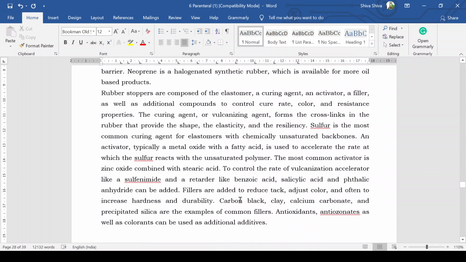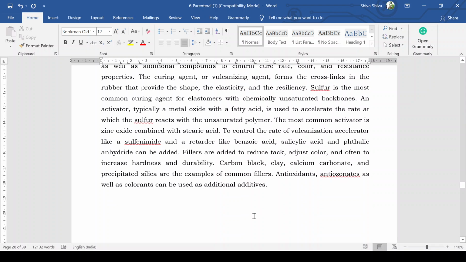be added. Fillers are added to reduce the tack, adjust color, and often to increase the hardness and durability. Carbon black, clay, calcium carbonate, and precipitated silica are examples of common fillers. Along with this, antioxidants, anti-ozonates, as well as colorants can be added as additional additives.